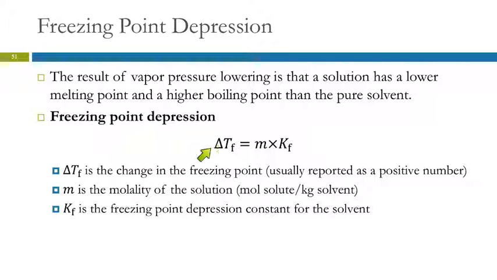This delta TF, change in freezing point, is generally reported as a positive number, which goes against all the other trends we've seen, where it was final minus initial and the temperature going down should be negative. But here it's reported as positive. Sorry.